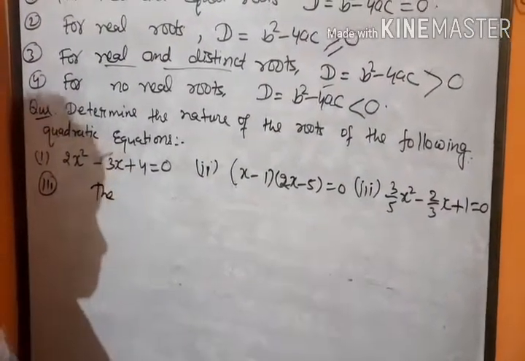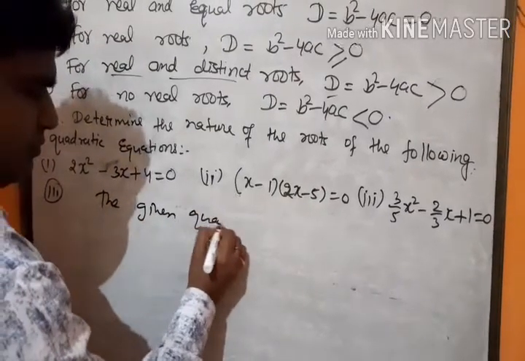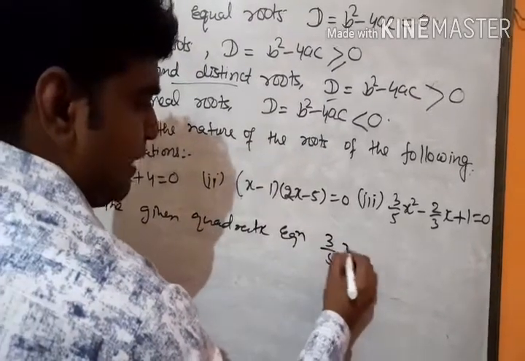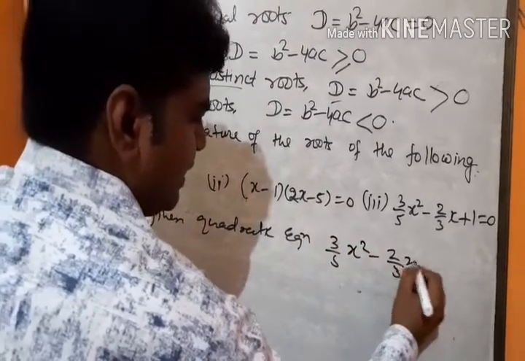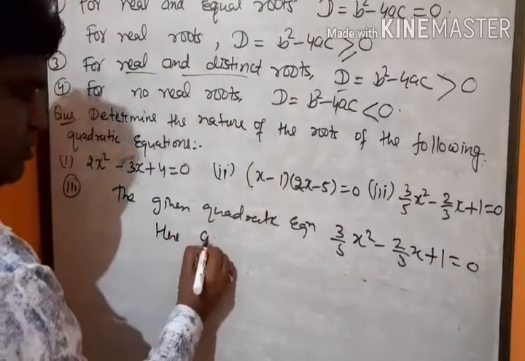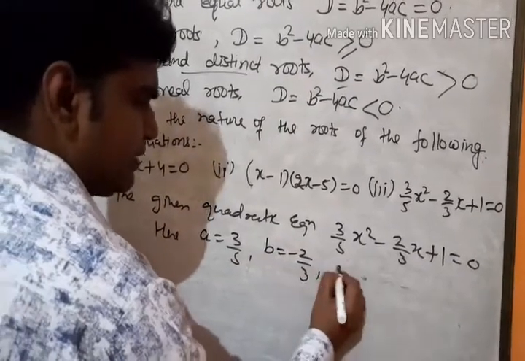Now third, the given quadratic equation is (3/5)x² − (2/3)x + 1 = 0. Here a = 3/5, b = −2/3, and c = 1.